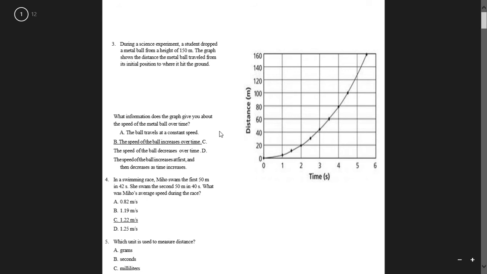This 0 point is the initial point or the start point. This graph represents the metal pole during its fall from the 150 meters height.